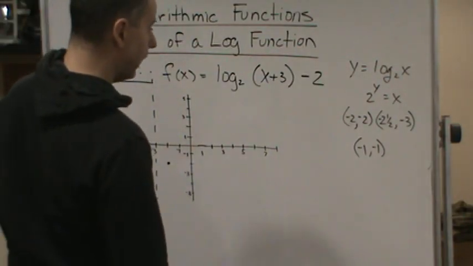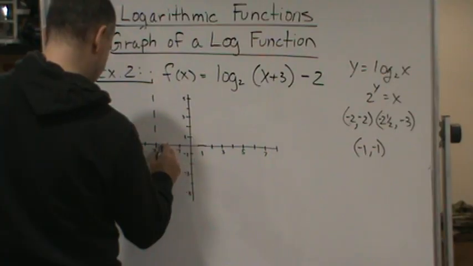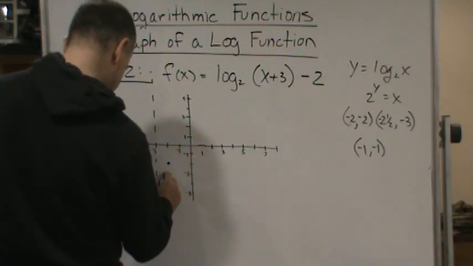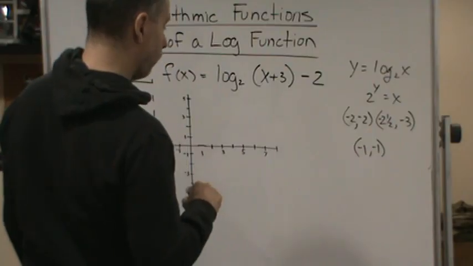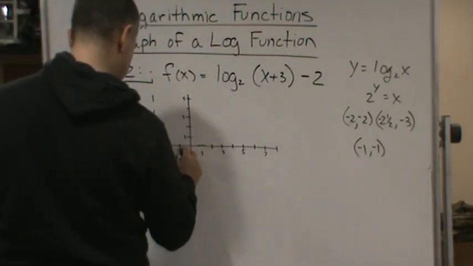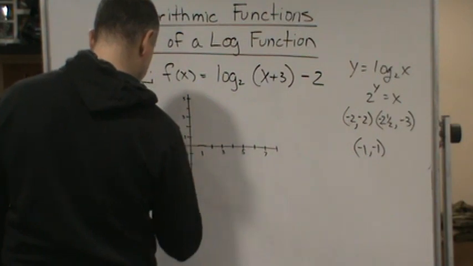And then negative 2.5, negative 3, right about there. And then negative 1, negative 1 is right about there.